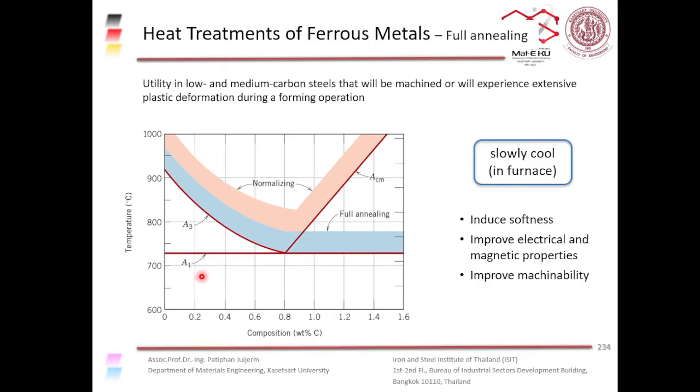In fact, if you see this A1 line, you see this A3 line, there's also an A2 line somewhere here, 700 something degrees Celsius. Okay, it's not really relevant in this class, but it's just an extra bit of information.